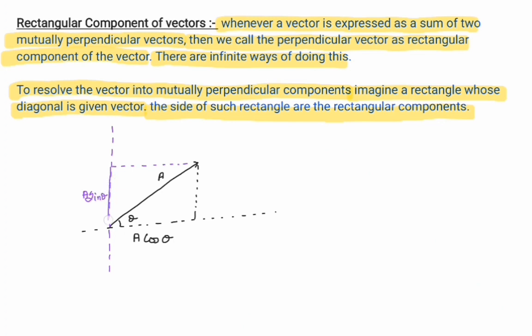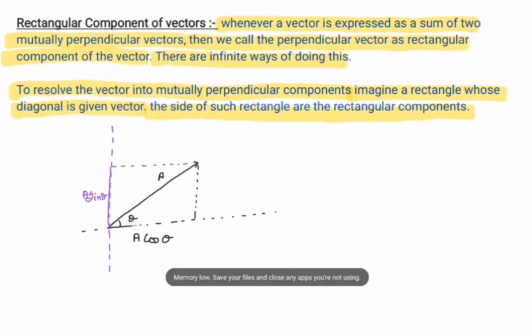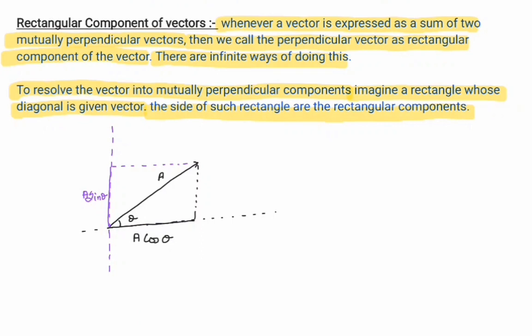This length, this magnitude is going to be A cos theta, and this will be the same as A sin theta.